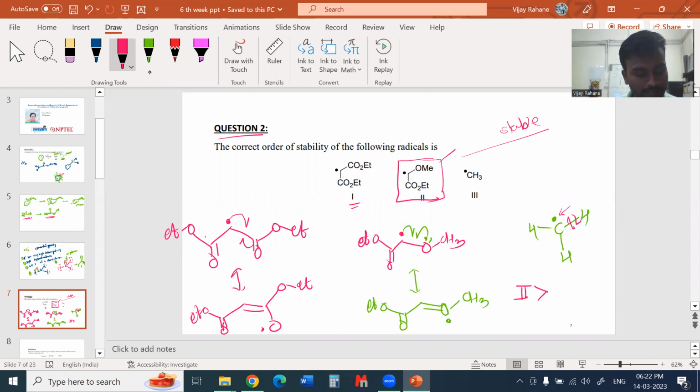compare 1 and 3, then this has stabilization due to only some polarization. But if you compare here, this one structure is possible. Another structure is if it is involved in the delocalization to this side, right? So another possible structure will be OEt.